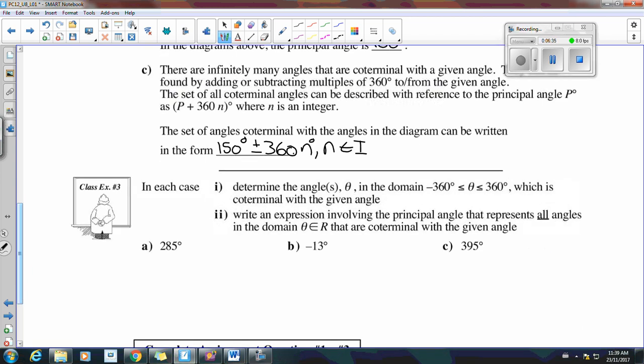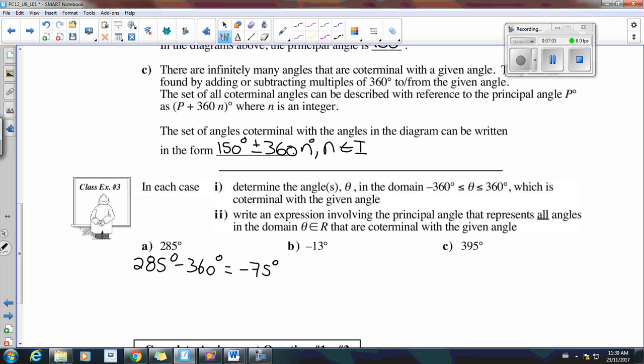Example 3. In each case, determine the angle theta in the domain between -360 and 360, which is coterminal with the given angles. Write an expression involving the principal angle that represents all of the angles that are coterminal with the given angle. So 285, to get one between -360 and 360, we could subtract 360 degrees, giving us the angle -75.